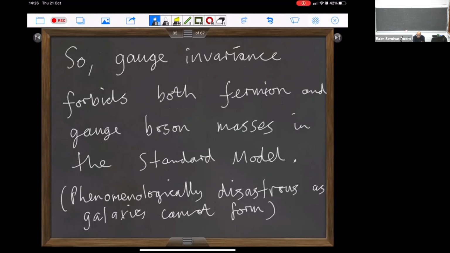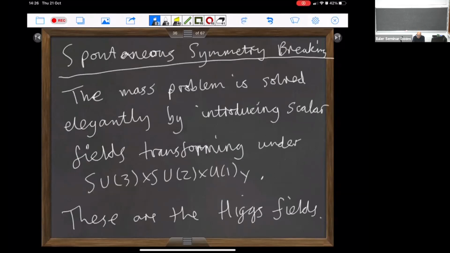From a physical point of view, it's a complete disaster because massless particles move at the speed of light, and you can't form structures like galaxies from them. So this problem is solved elegantly by what's called the Higgs mechanism and the concept of spontaneous symmetry breaking.